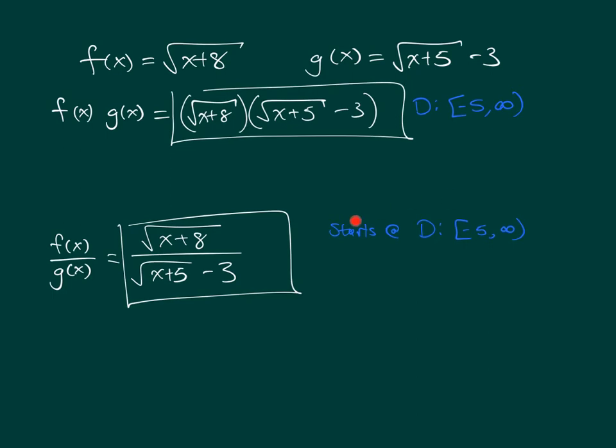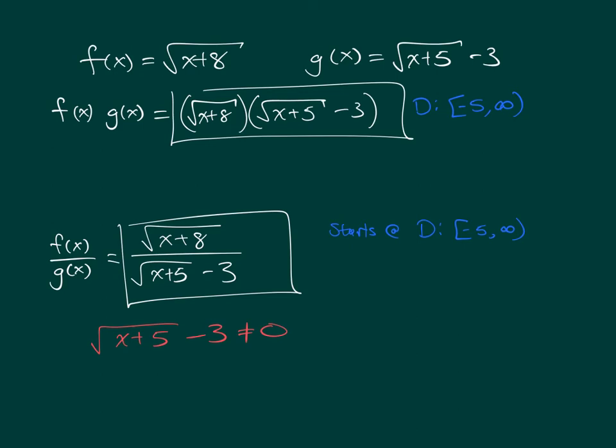This domain comes from the square roots individually. But now, since there is a division happening, we also have to find a restricted value. So how you do that is you take the denominator, I'm going to do this in red, the square root of x plus 5 minus 3 cannot equal 0.